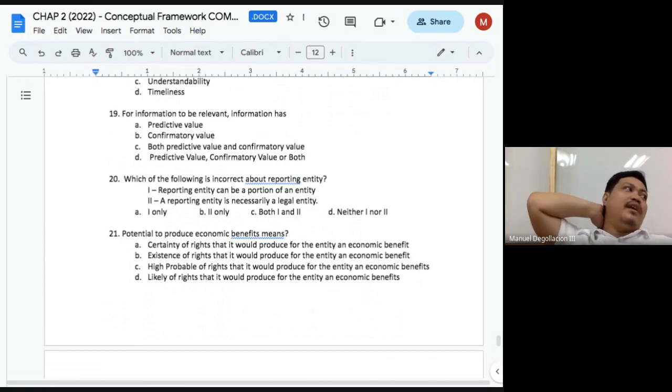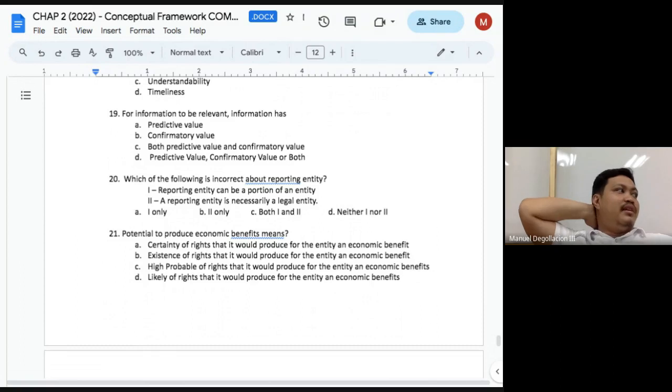This is one of the areas wherein the framework and the standards, class, do not coincide. Because based on the framework, you will already have a potential to produce economic benefits as long as there is at least one scenario where it will be able to provide economic benefits.